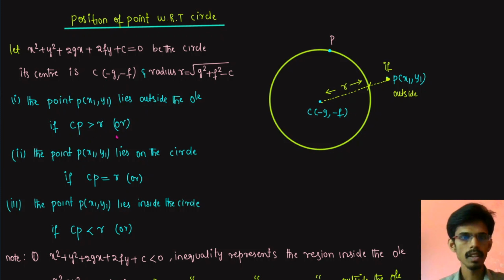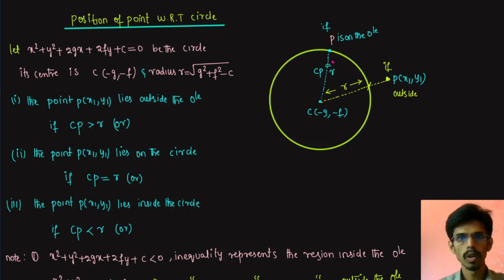Now similarly, the second condition: if the point P is on the circle, means on the periphery of the circle, then the distance from the center, CP, will be equal to the radius.